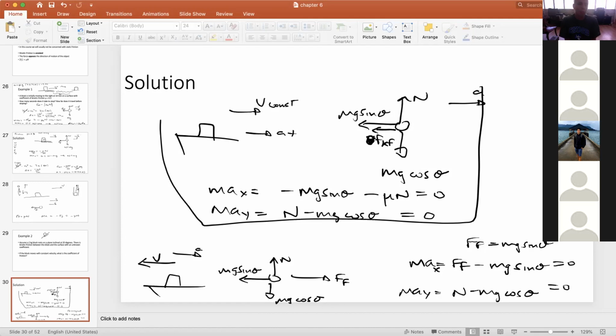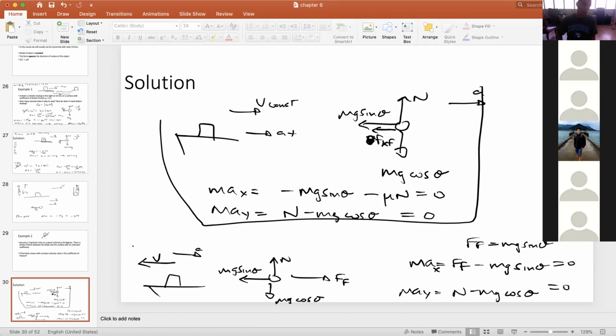So we need to always be careful with friction. Friction's not as cut and dried as you think. Sometimes you set up a problem wrong or you make a bad assumption, but that can't happen. And I hope you guys see that. max cannot equal negative mg sine theta minus mu n. It would end up saying that it can't be moving with constant velocity, which is fine, but it can't be 0.